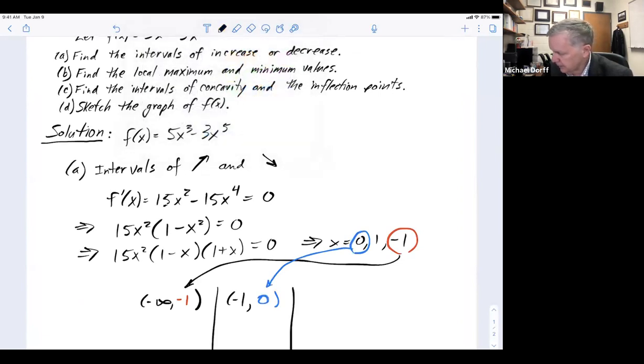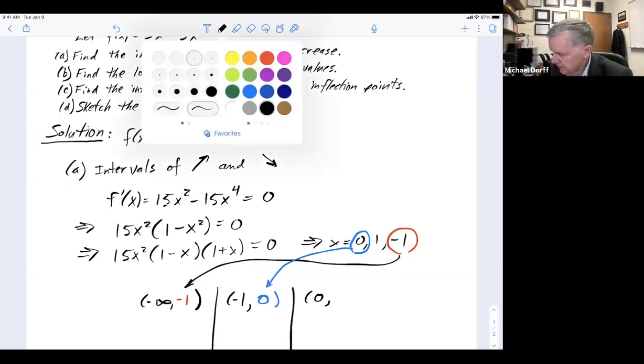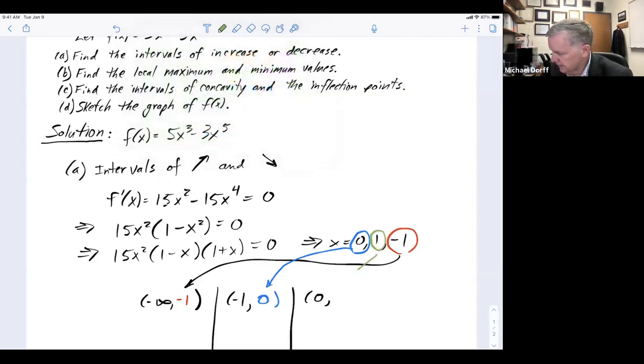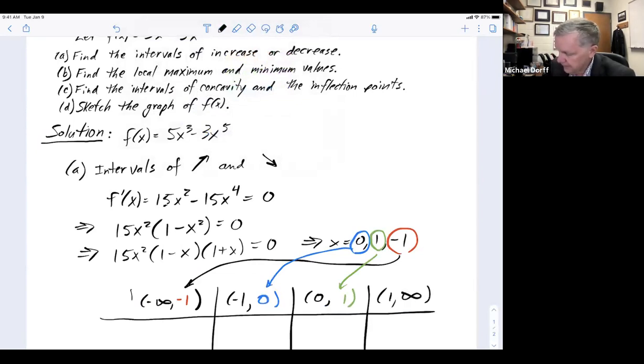And then I'm going to go from 0 to my next smallest point, which was 1. So that's going to go there. And then I'm going to go from 1. I have no more points, so now I just go 1 to infinity. So I have those 4 intervals. Those represent my x values.